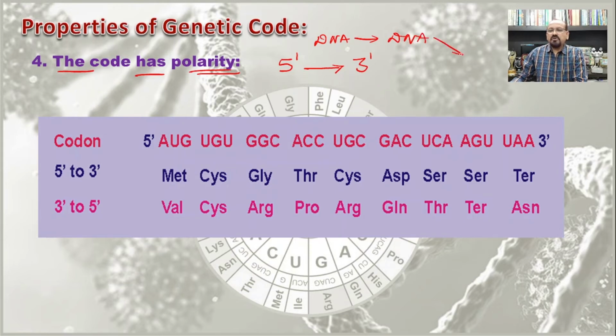Again, this sequence of nitrogen bases on the DNA is used for the formation of mRNA, that is transcription. Again, this is carried out from 5' to 3' direction. Again, this sequence of nitrogen bases on the mRNA is used for the synthesis of protein, and again this process is carried out from 5' to 3' direction.